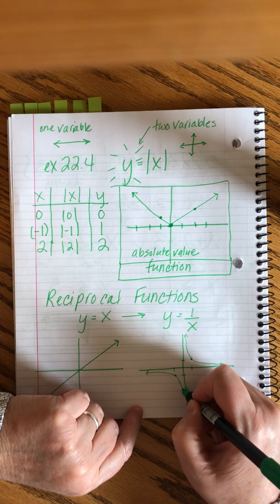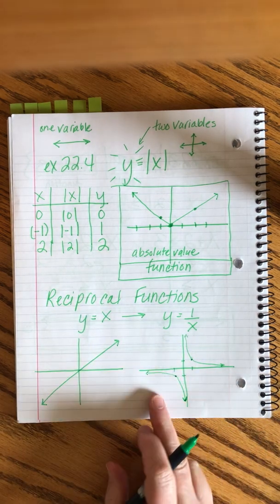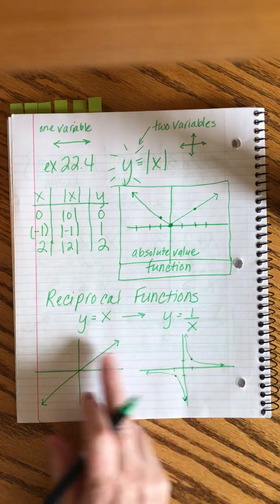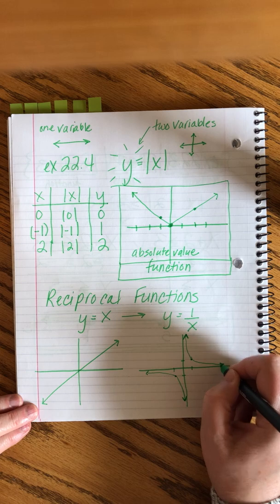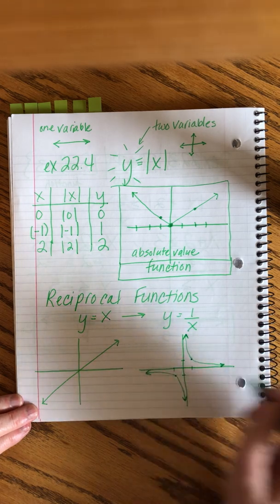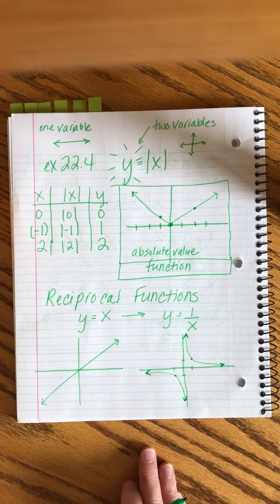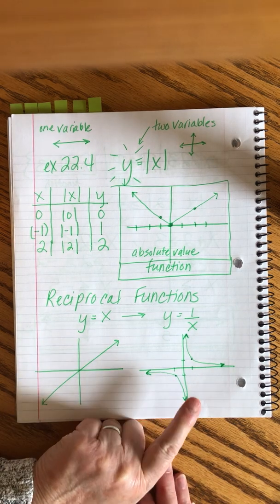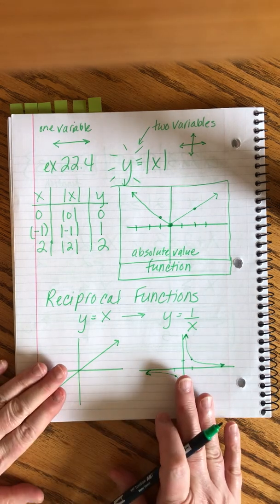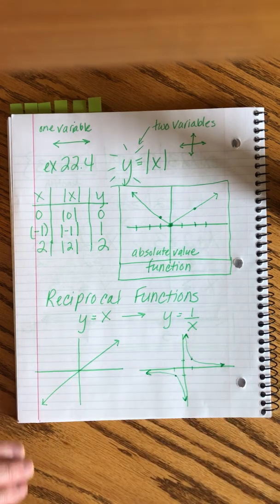I'm not drawing them perfectly, obviously. I'm not a robot. But this is what the reciprocal function of a line will always look like. And like I said, I don't want to drown you in theoretical explanations as to why, but I want you to connect those in your brain. This is y equals x, and this is y equals 1 over x. And when we have a linear shape, its reciprocal will always follow this pattern.